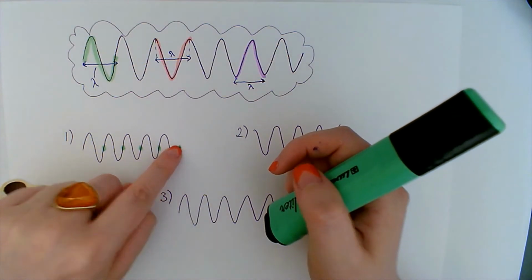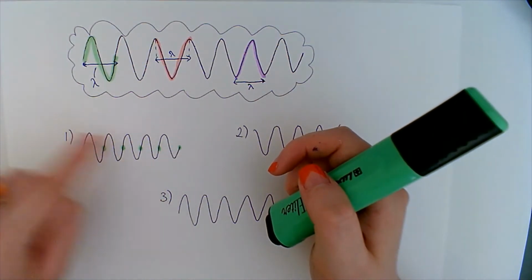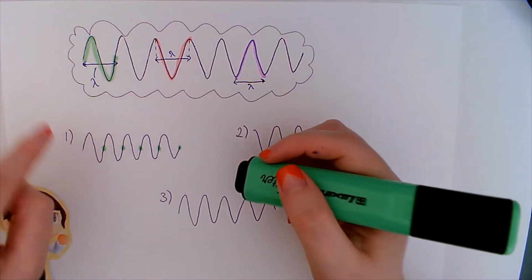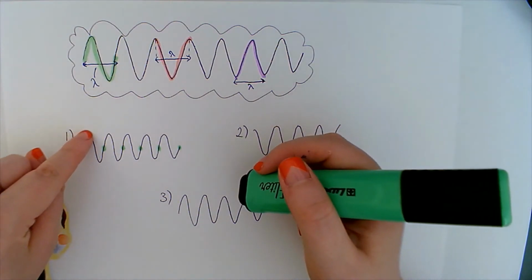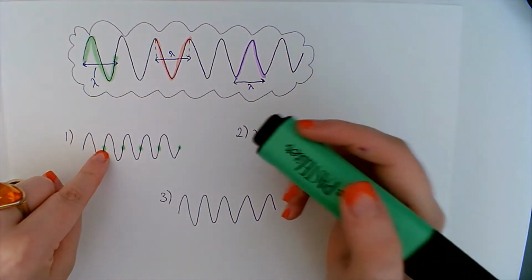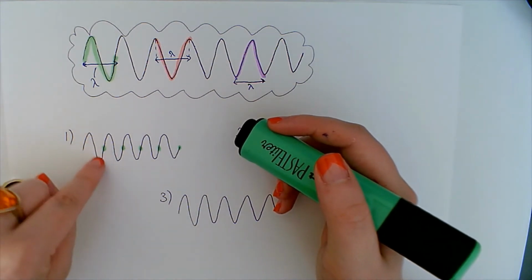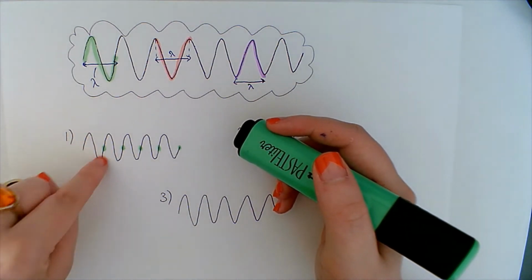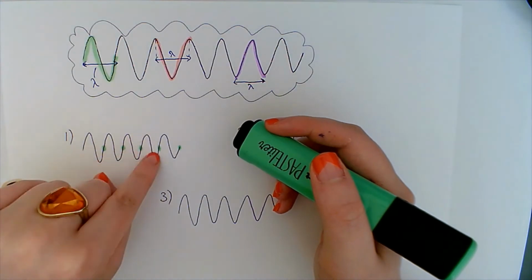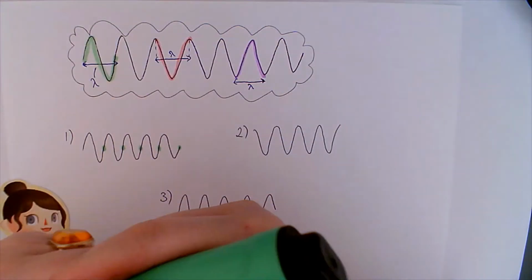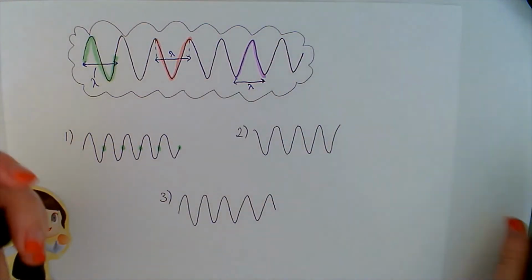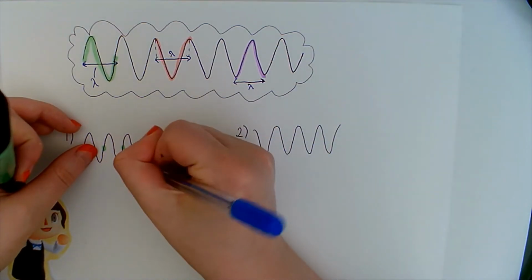It's really important that you don't just count the number of troughs or the number of peaks, because that's not always going to be accurate. It's best to follow the wave along with your finger and see where the wave starts to repeat itself. So that's one full wave, 2, 3, 4, 5. So here we've got 5 waves.